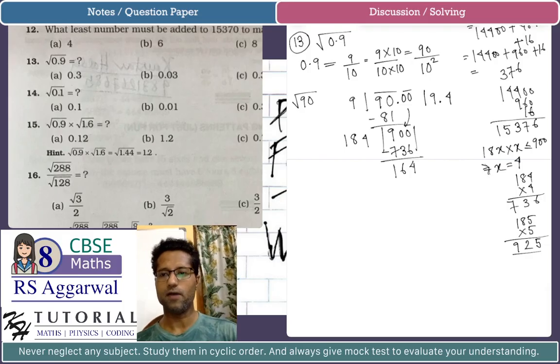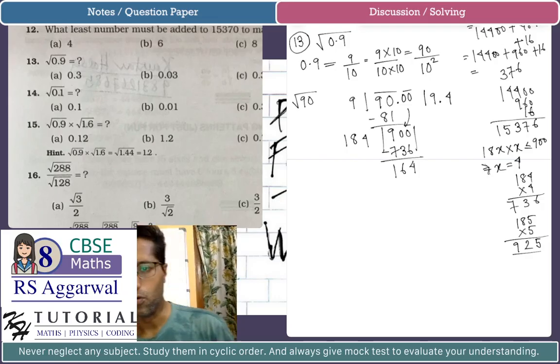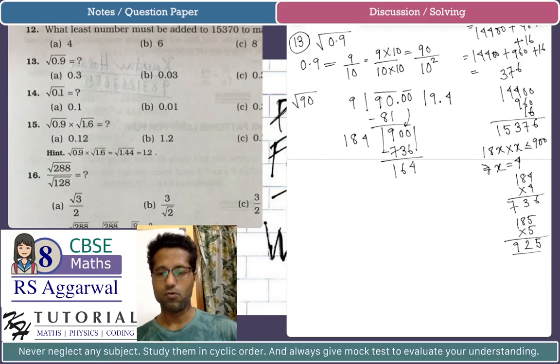Now if you want to find the square root of 90 with more places of decimals, so far we have 1 place of decimals. After the decimal point we have found 1 digit, 4. So the current square root is 9.4. If you want more digits after the decimal point, then you add another period of zeros.